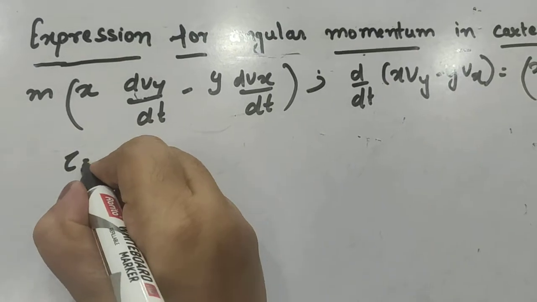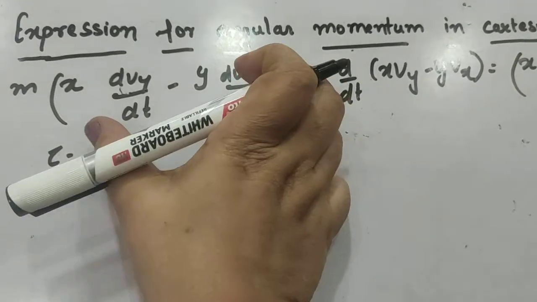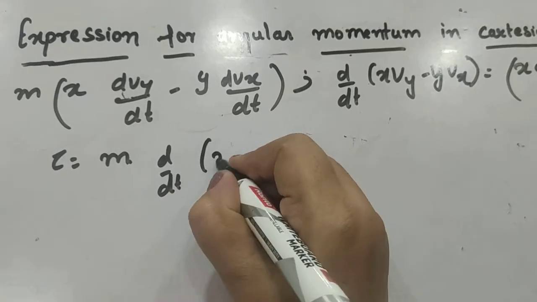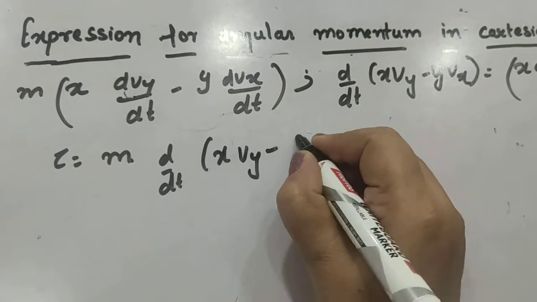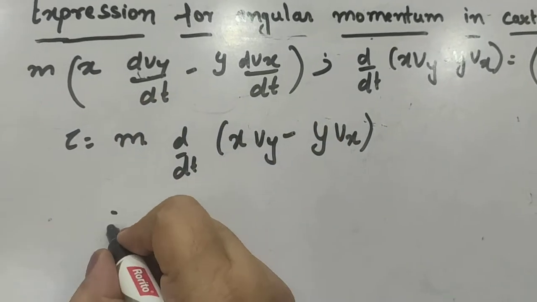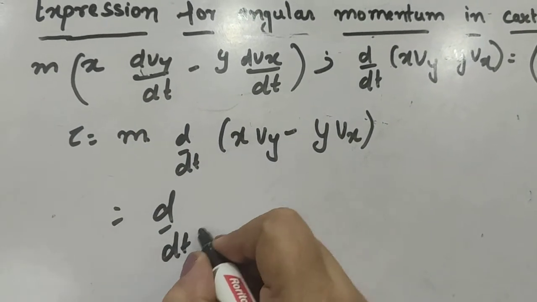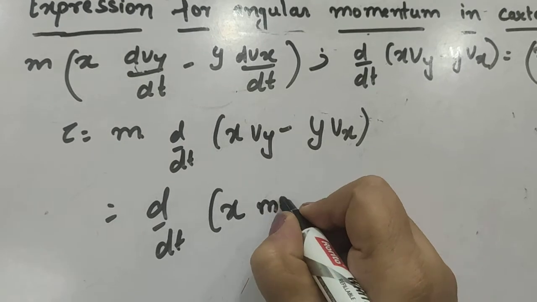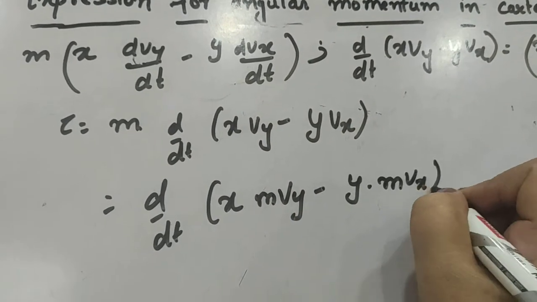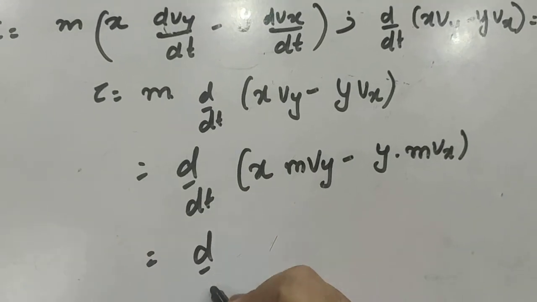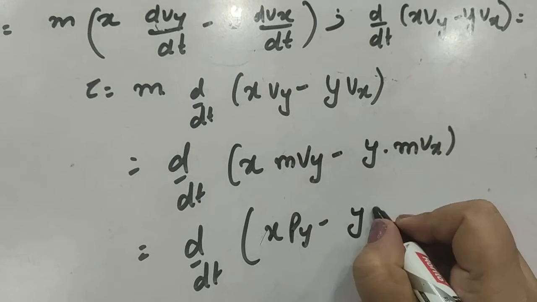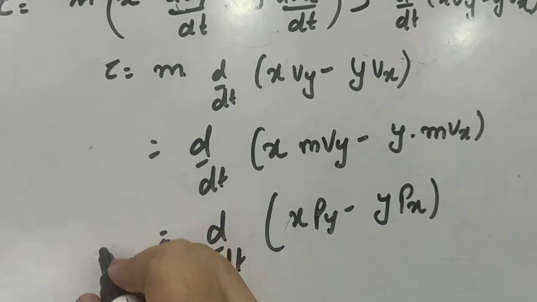Torque is equal to m times d by dt of xvy minus yvx. Now taking m inside, that is d by dt of x mvy minus y mvx, which is d by dt of x py minus y px. So this is torque.